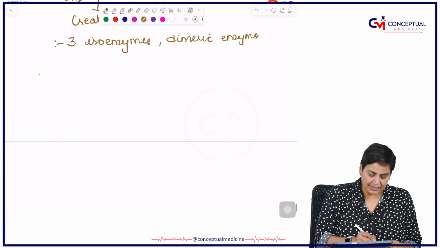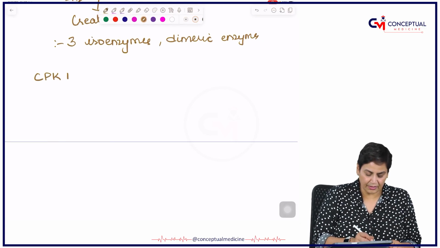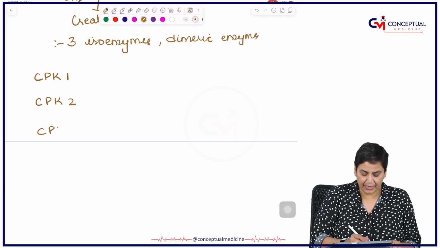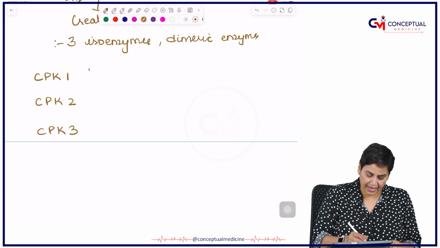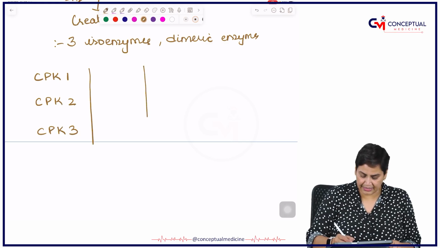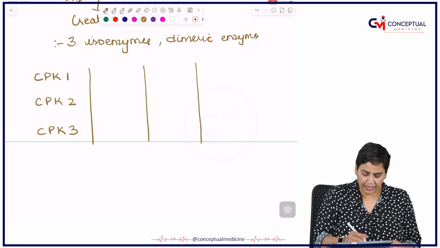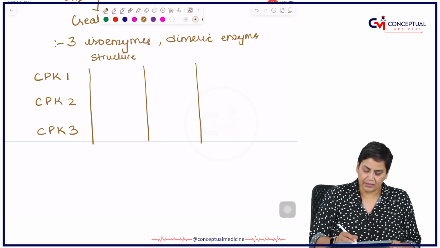So obviously CPK1, CPK2 and CPK3. And if we have to differentiate between them, again the same will be the point. We can say structurally they will be different, electrophoretically they will be different, and immunologically they will be different.